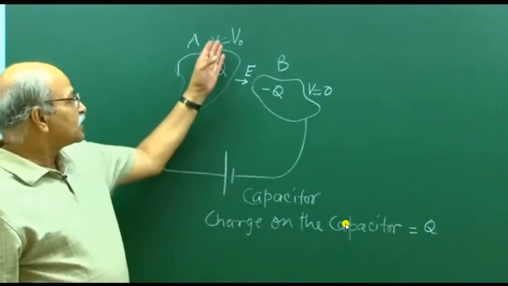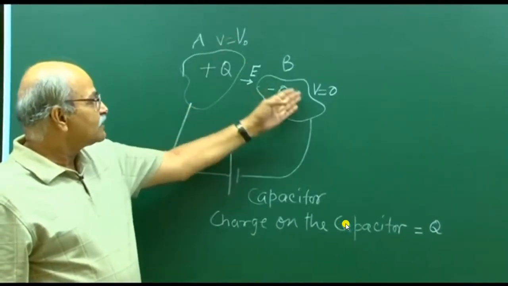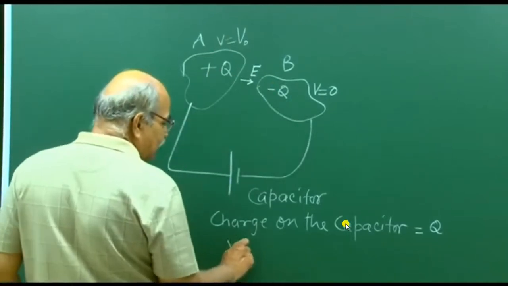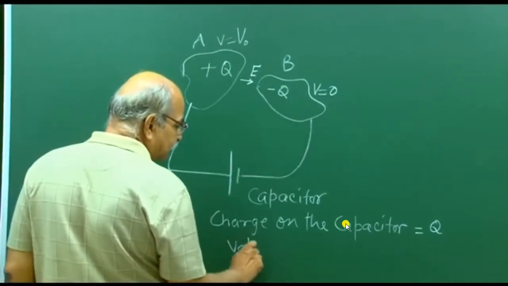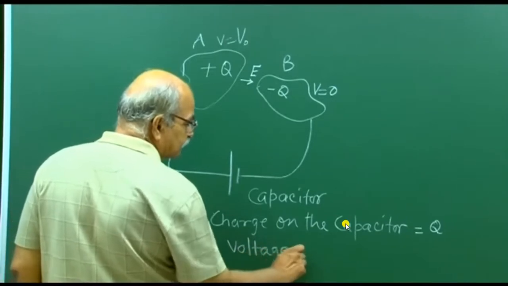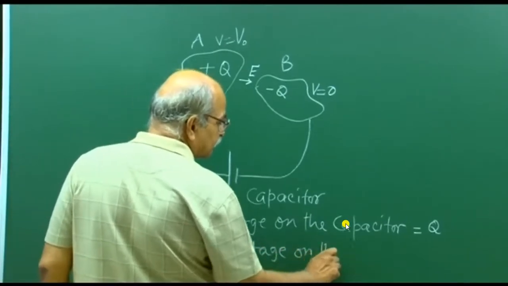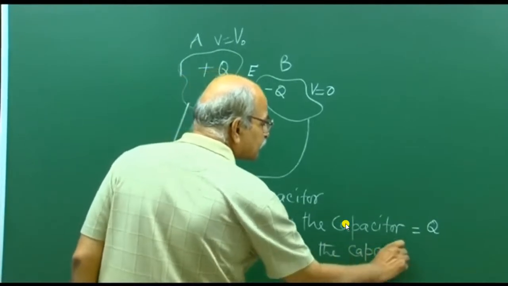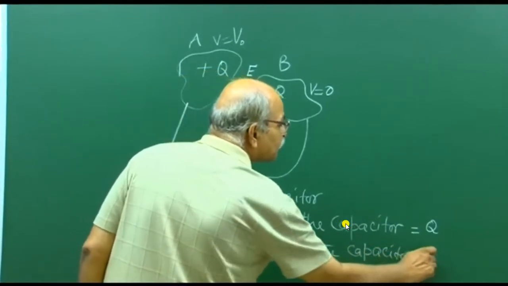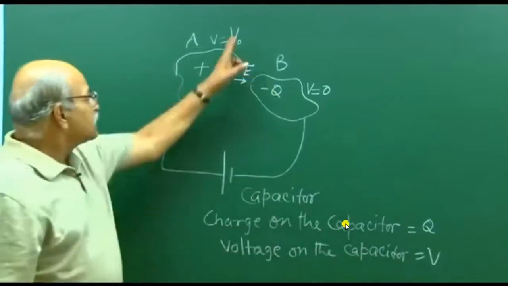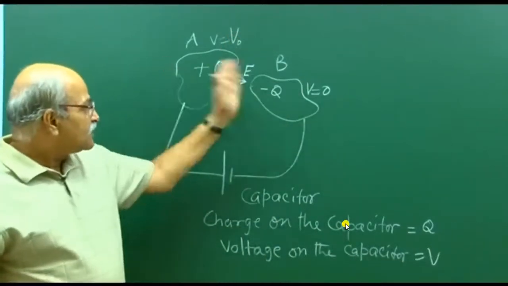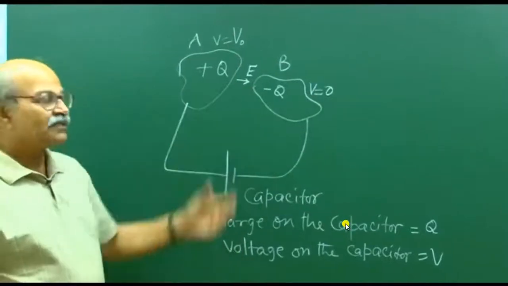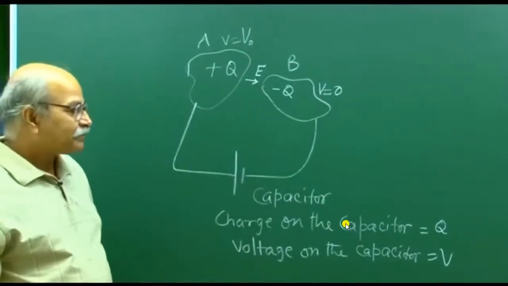Then you have this potential difference, this V and this V. So, that is typically known as voltage on the capacitor. Here it is V naught, but let us say V. V is the potential difference between these two conductors. So, that is known as voltage on the capacitor.